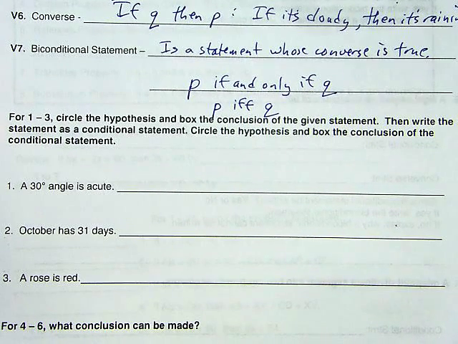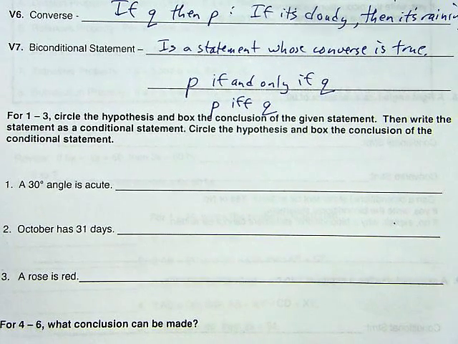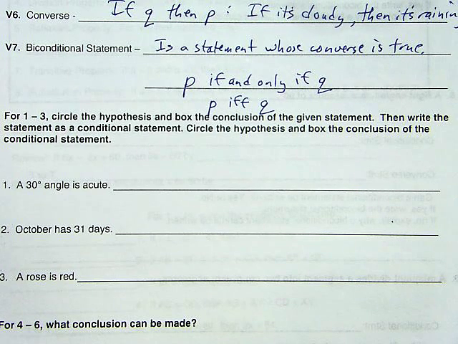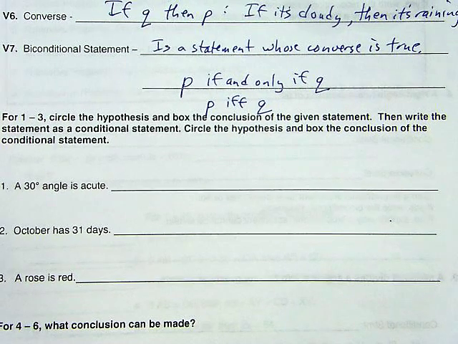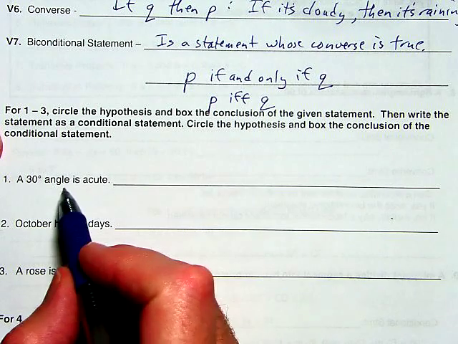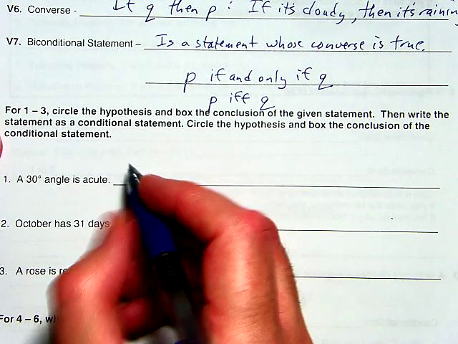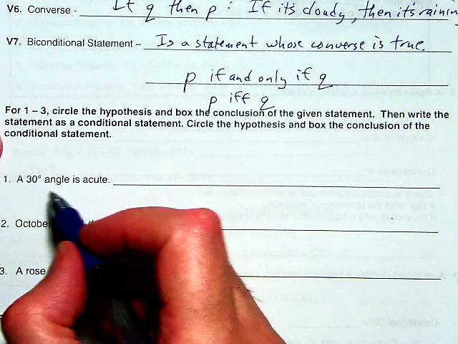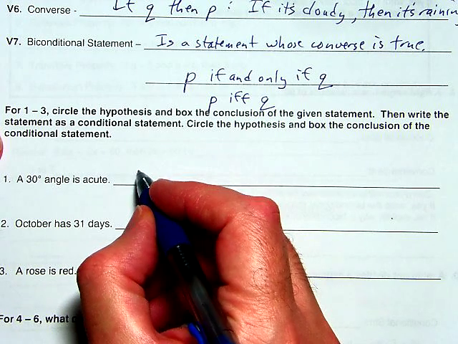So let's go down further. Let's circle the hypothesis and box the conclusion of the given statement, after we write the statement as a conditional statement. Okay, we first have to write it as a conditional statement. So a 30-degree angle is acute. The subject of the sentence is 30-degree angle.